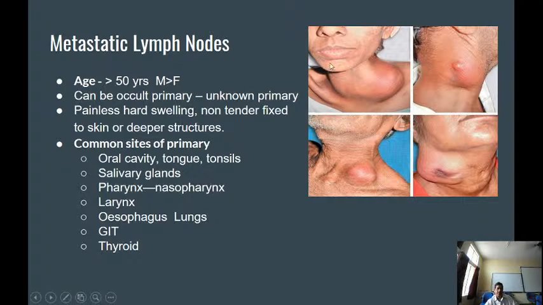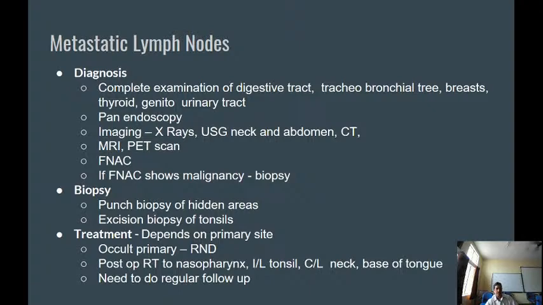It may be in the oral cavity, nasopharynx, maxillary sinuses, hypopharynx, thyroid, or the lungs. They give rise to secondary metastatic lymph nodes in the neck. So you have to make a diagnosis with FNAC, diagnose the primary, and treat the primary accordingly.